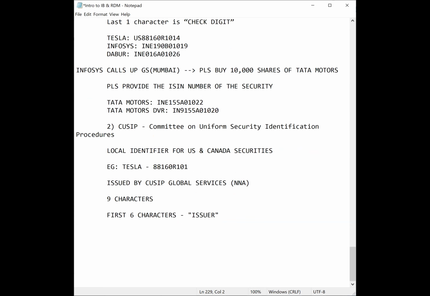Next 2 characters represent the issue. They talk about security. So first 6 characters issuer, the next 2 characters for security, and the last 1 character is a check digit.